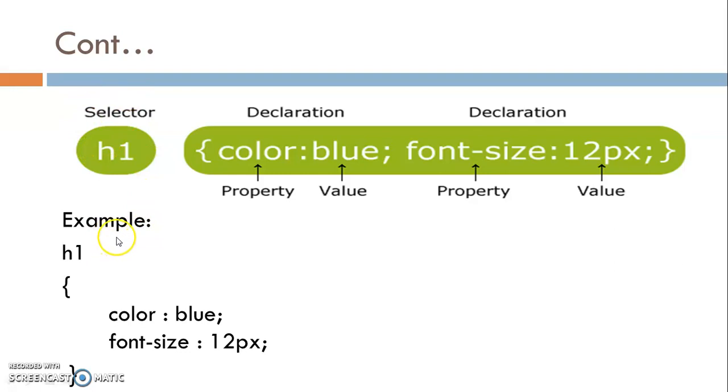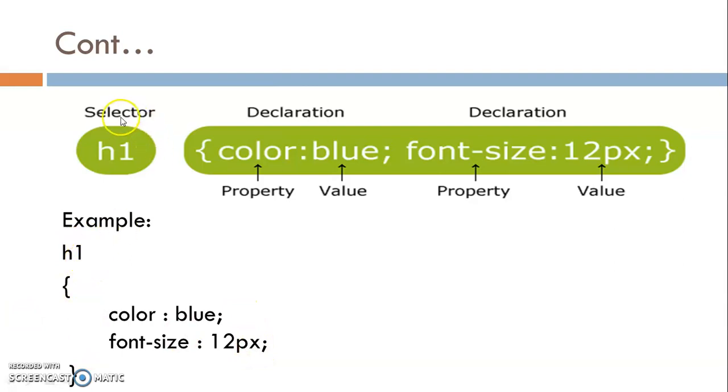Here the example shows the CSS for H1 tag. So I write H1, then open bracket and close bracket. Between this open and close bracket, I write two properties. First one is color and second one is font size. And blue is a value, 12 pixel is a value.